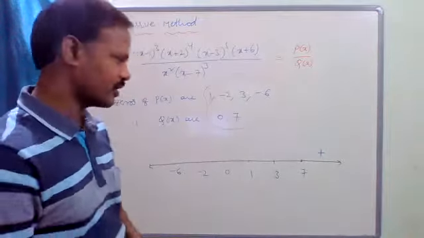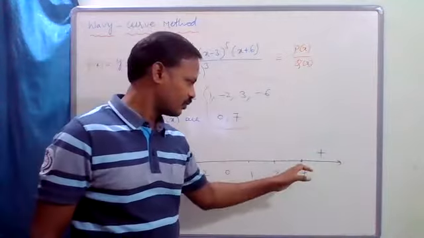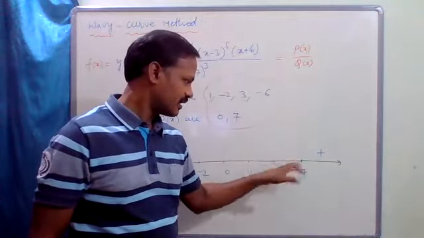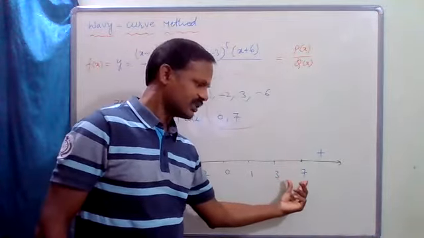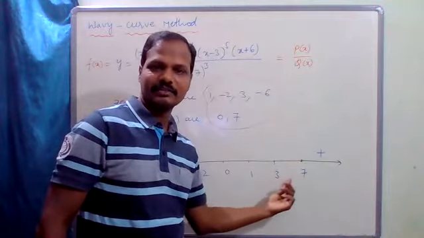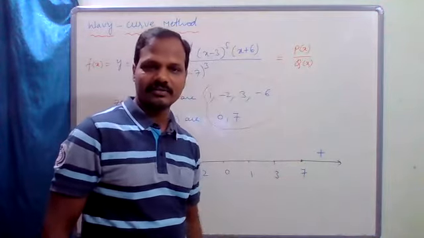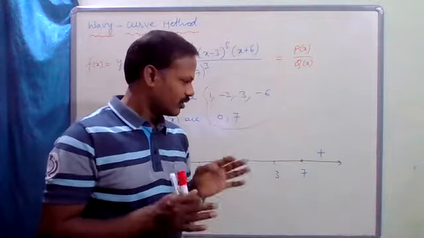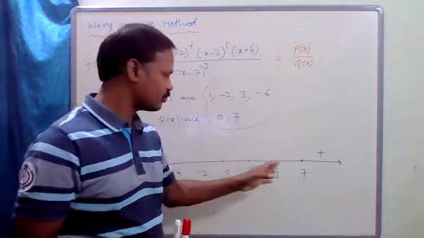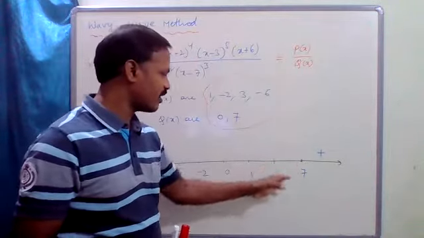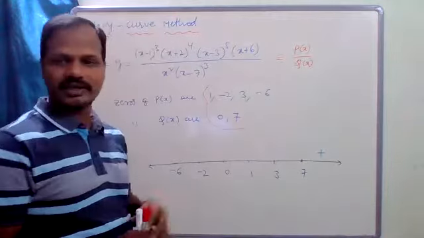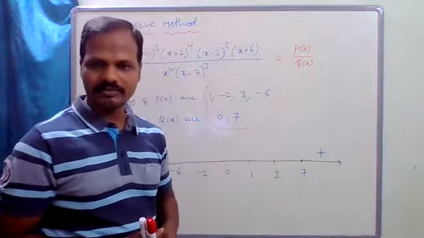Okay, clear? Now coming to the next, 3, 7. In between 3, 7. In general, we don't want to substitute the value each and every time between these, because it takes somewhat more time.